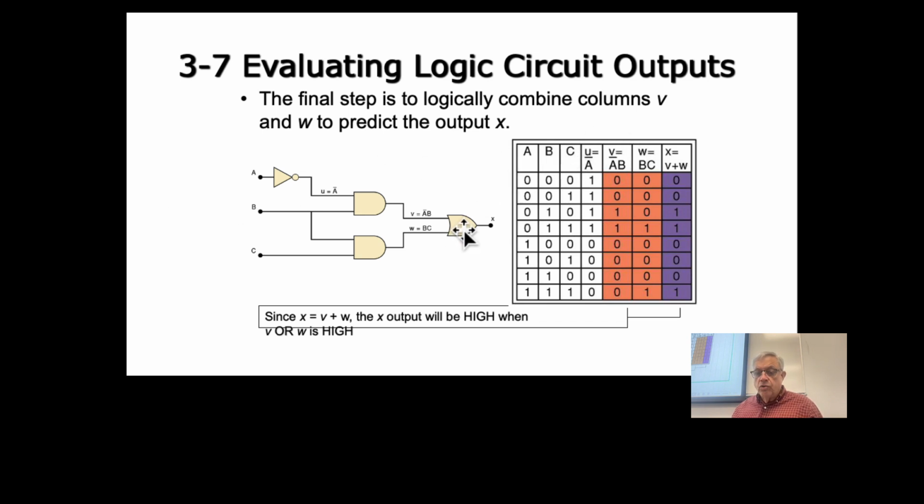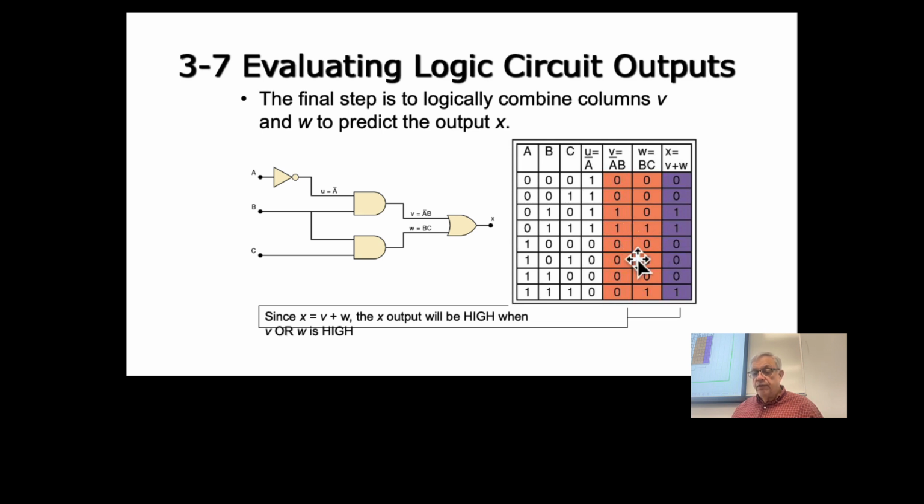This is an OR, so if this is a 1, or if this is a 1, I'm going to get a 1 out. So in this case, A naught B is a 0, BC is a 0, so I get a 0. Another 0, 0. But in the third row, A naught B is a 1. BC is a 1, so BC and A naught B gives me a 1.